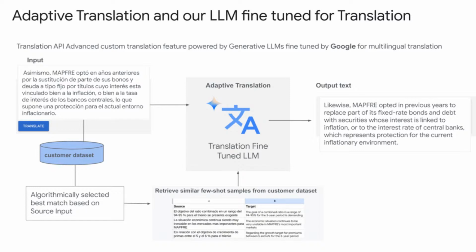So if I want to come in and translate something like, welcome everyone, we're excited to have you join us today into Spanish, and I have a lot of other training data that kind of is in my specific voice and specific style, I can import that to adaptive translation as my reference data set.